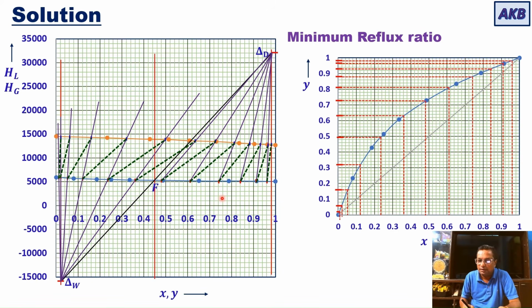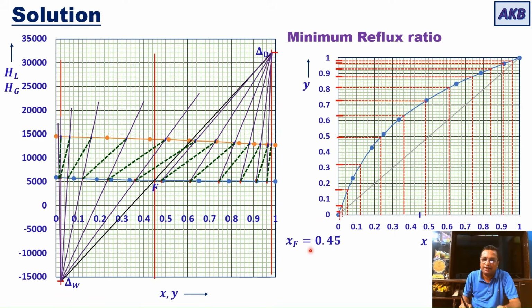So simply, we need to draw a tie line, or we need to find the concentration in the vapor phase that is in equilibrium with XF. XF, as you know, is 0.45. So I'll locate that, because my objective is to get the value of Y that is in equilibrium with XF.